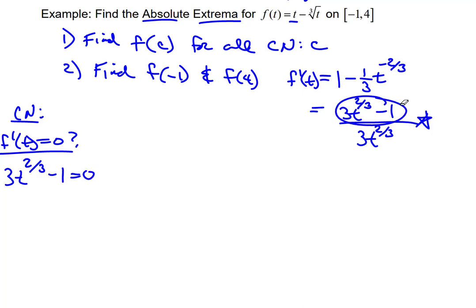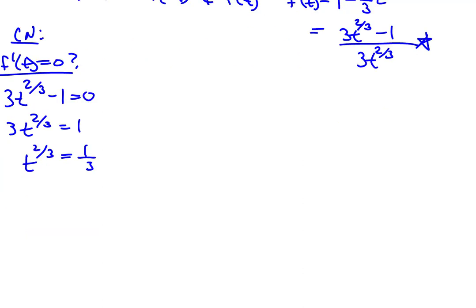That's just the numerator of our derivative that we found, which means 3t to the 2/3 equals 1, which means t to the 2/3 equals 1/3. If we solve for t by raising both sides to the 3/2 power to undo that 2/3, we'd end up with t on the left side equals 1 over 3 to the 3/2.